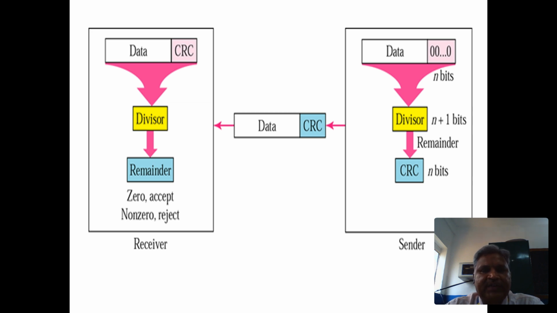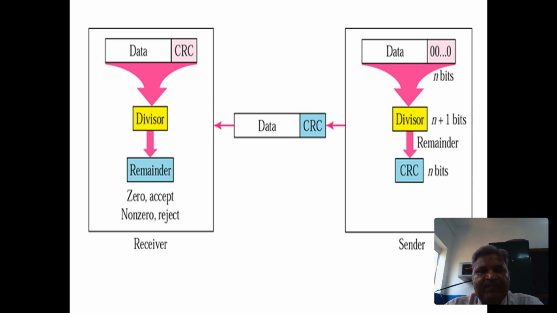So that is the difference between n plus 1 bits and n bits. The zeros will be one less than the number of bits present in the divisor.